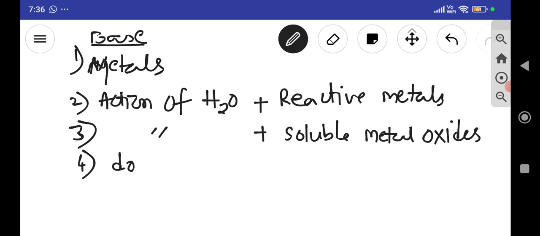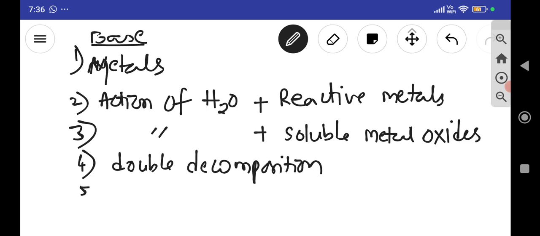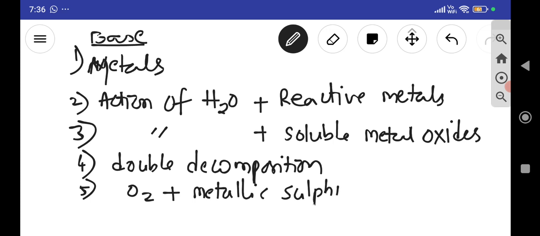Then double decomposition reaction, which we have been coming across from lower classes. Then the fifth one is oxygen plus metallic sulfide. You know sulfide is nothing but S2 minus. Then the last one is decomposition.